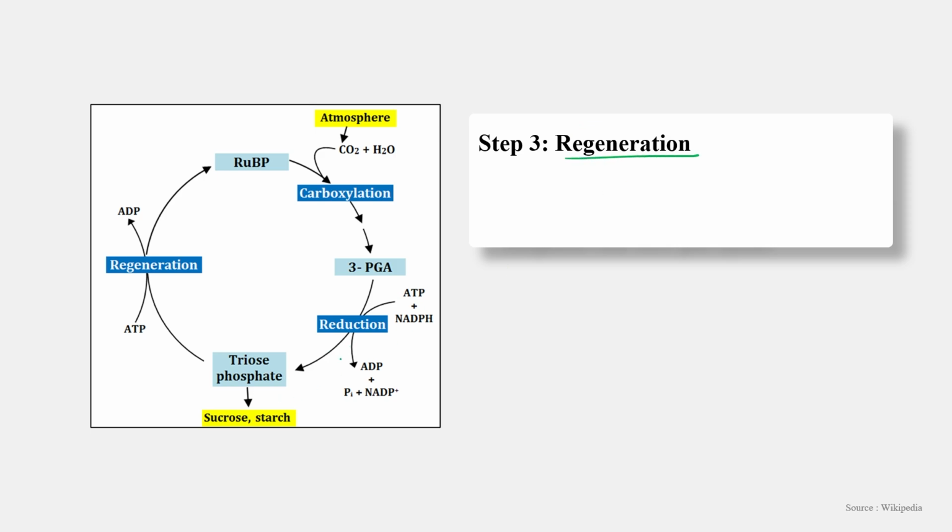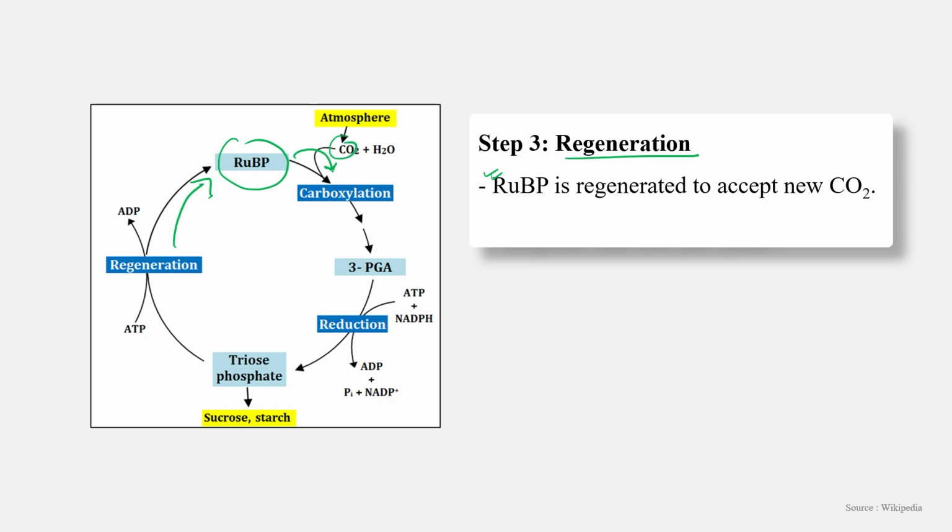After reduction, it converts into triose phosphate. Regeneration means regeneration of ribulose bisphosphate, which is generated to accept a new carbon dioxide.